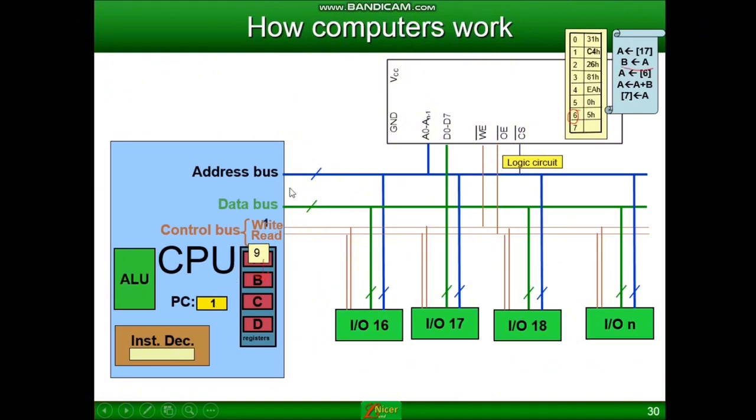So we can see that 1 is going to the address bus. Now we have the data C4, which is going to come over to the instruction decoder, and then it's going to copy the 9 to B, because 9 was the data stored in A. The program counter is now shifted to 2, and now we have 26 as our instruction decoder.